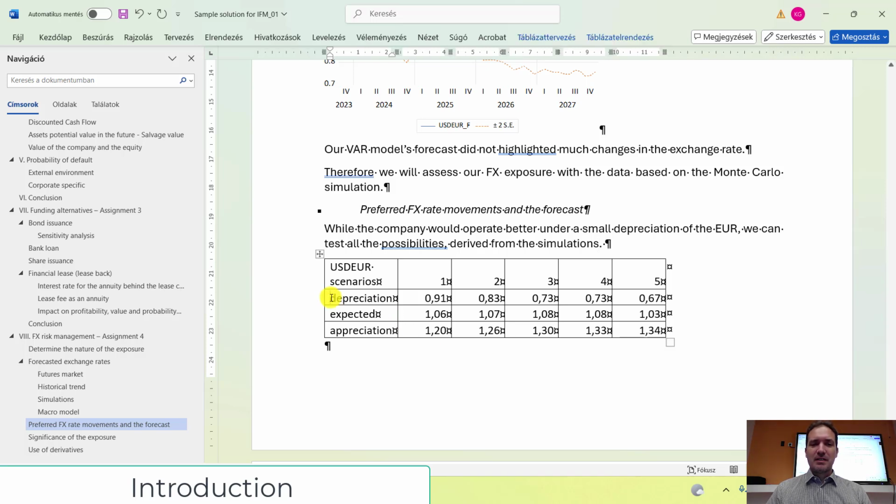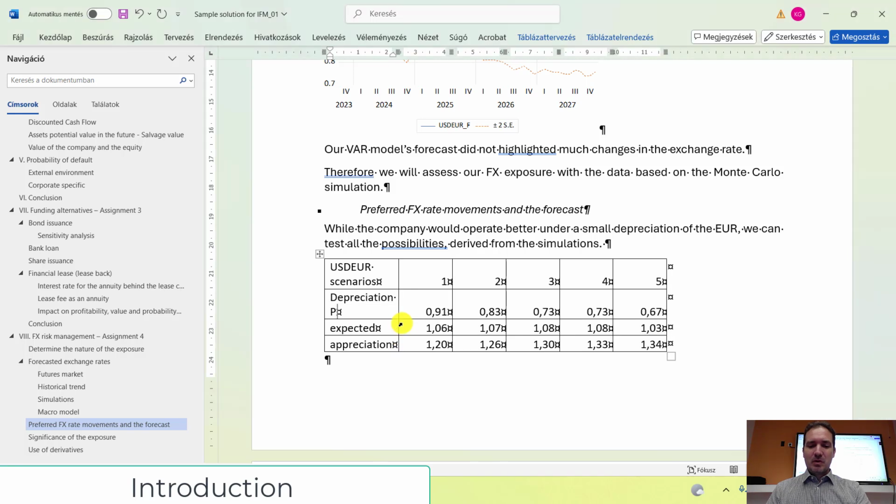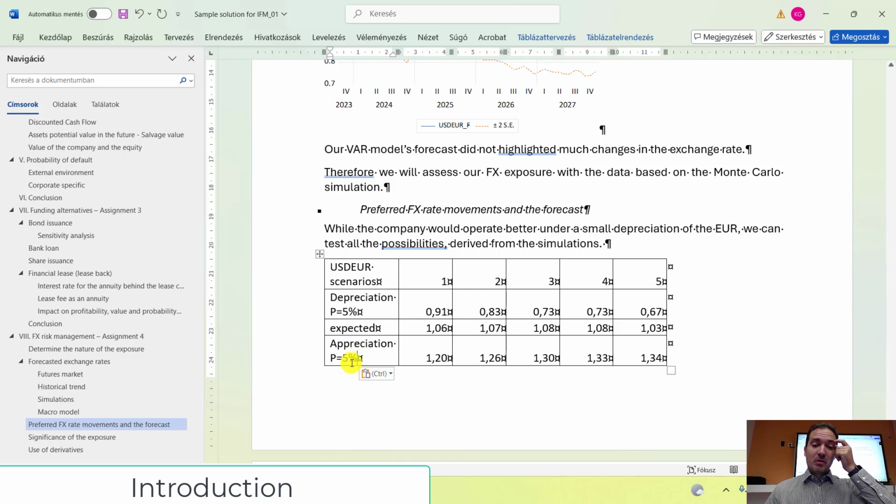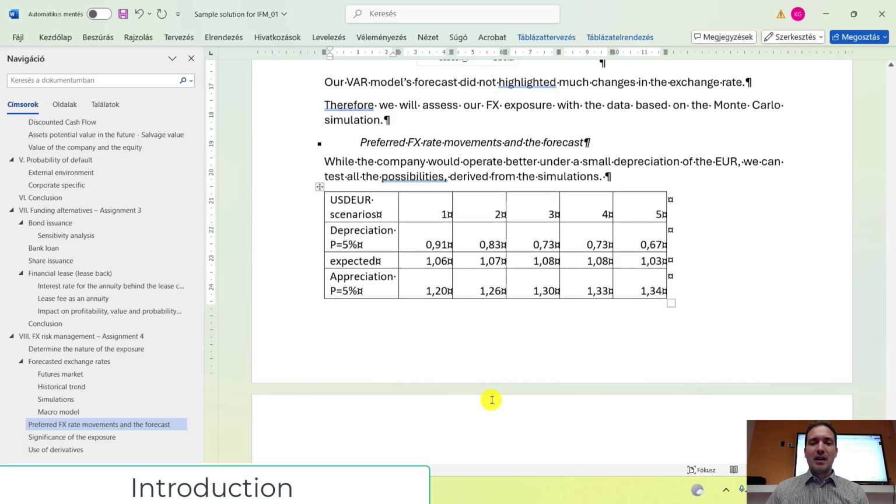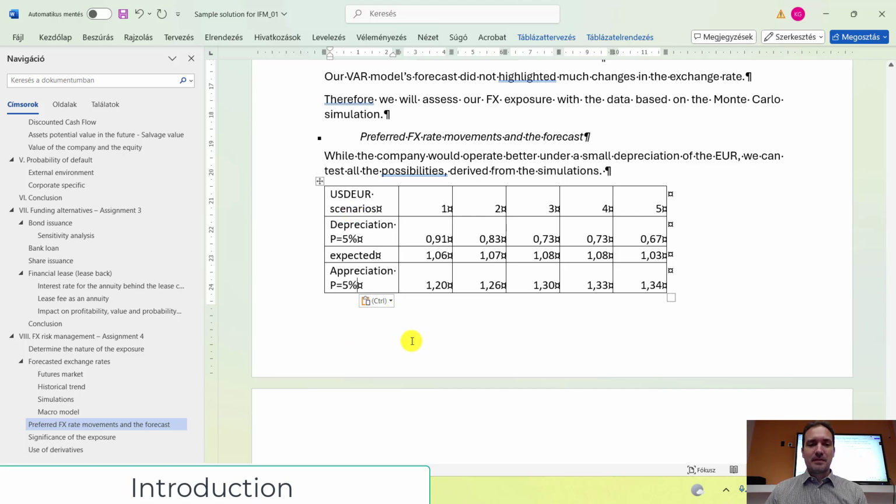This is extreme depreciation, with a probability of 5%, and the other one is also an extreme scenario, appreciation, with another probability of 5%. So the expected is highly probable, the rest is not.